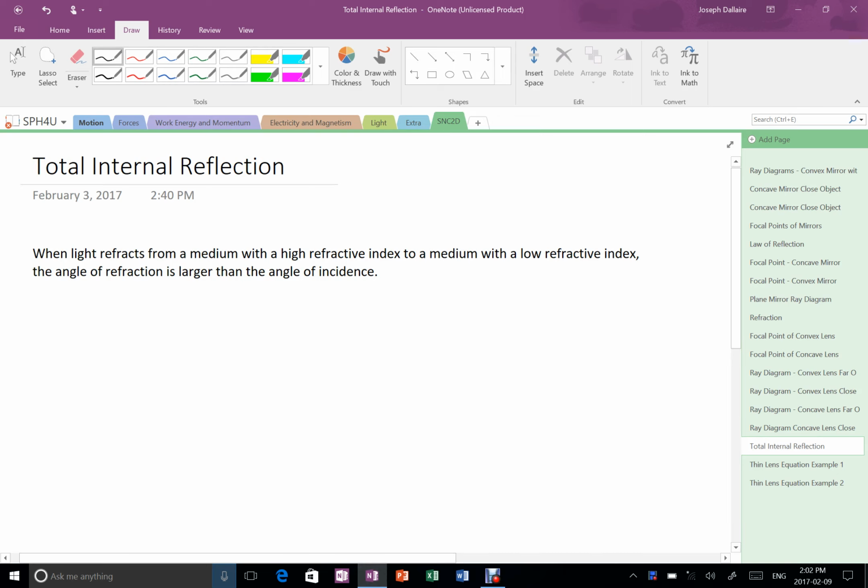So for example, if a ray of light was in glass, which has a refractive index of 1.5, and it was moving to air that has a refractive index of 1, the angle that the light came in at, let's put a normal on this first.